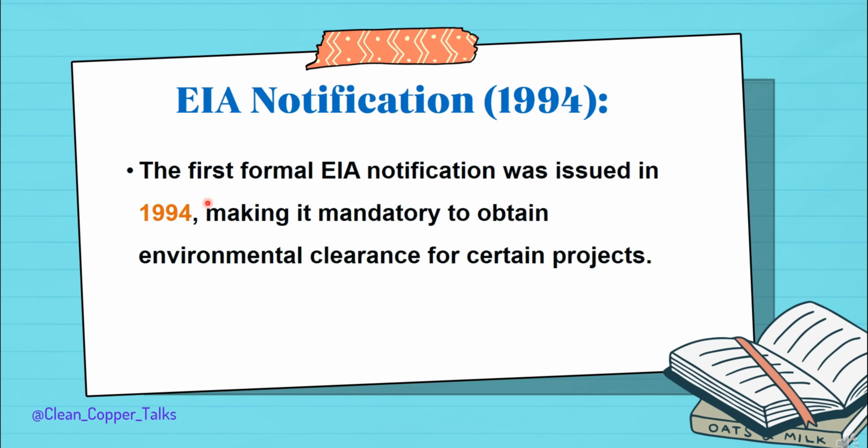Then came the first formal EIA notification, issued in 1994, and this made it mandatory for any proposed project to obtain environmental clearance for certain projects. That depends on the category of project, which we will see in coming slides.